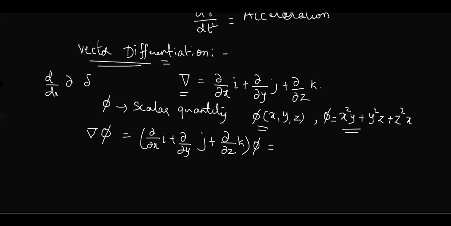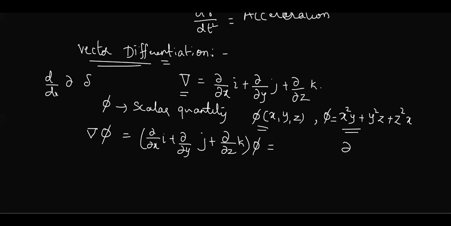Again, take for example just the third term. Can I take phi inside, keeping my k out? Yes, we can, because k is a constant quantity. Now, can I take my phi outside this dou by dou z simply?